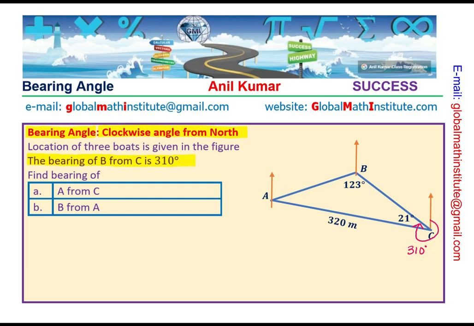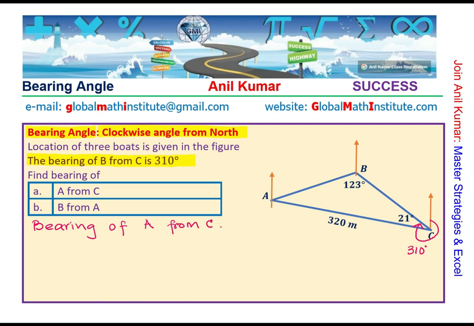With that, can you solve the question? Part A. Find the bearing of A from C. So from C, we want to find the bearing of A. That is to say, we want to find this angle.